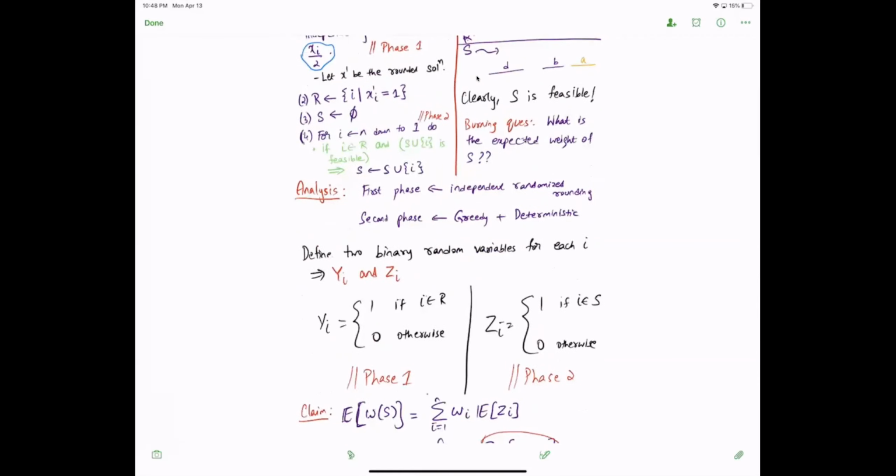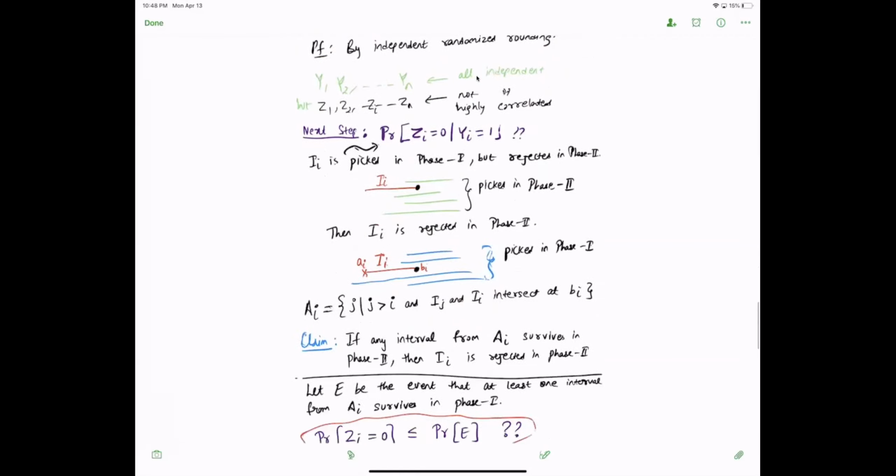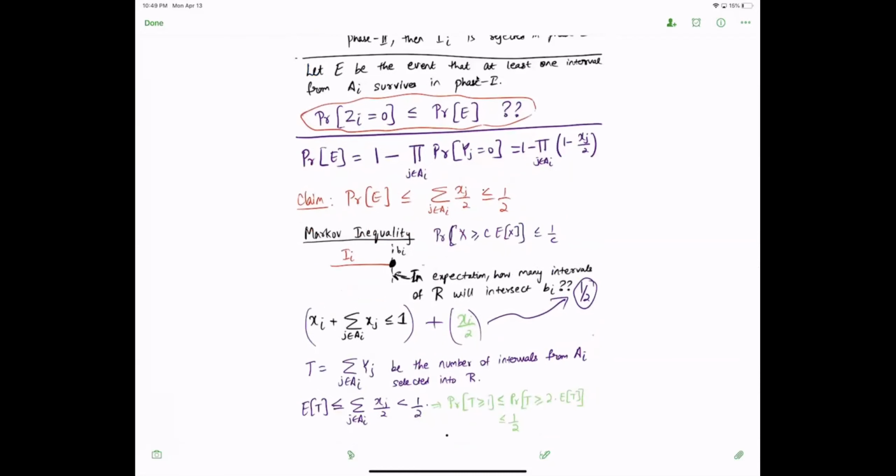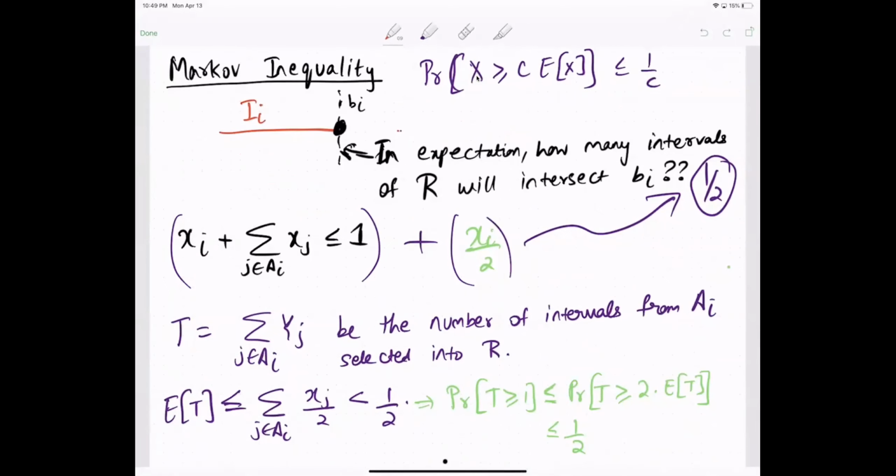And the analysis basically relied on the fact that, essentially, this is the crux here. If you're looking at some interval I, and if you look at its right endpoint, then there's a good chance, because of the constraints that we wrote in the LP, that none of the intervals which have an overlap with b_i will be sampled in the set R. And because of that, it will have a good chance of surviving in phase 2 as well.